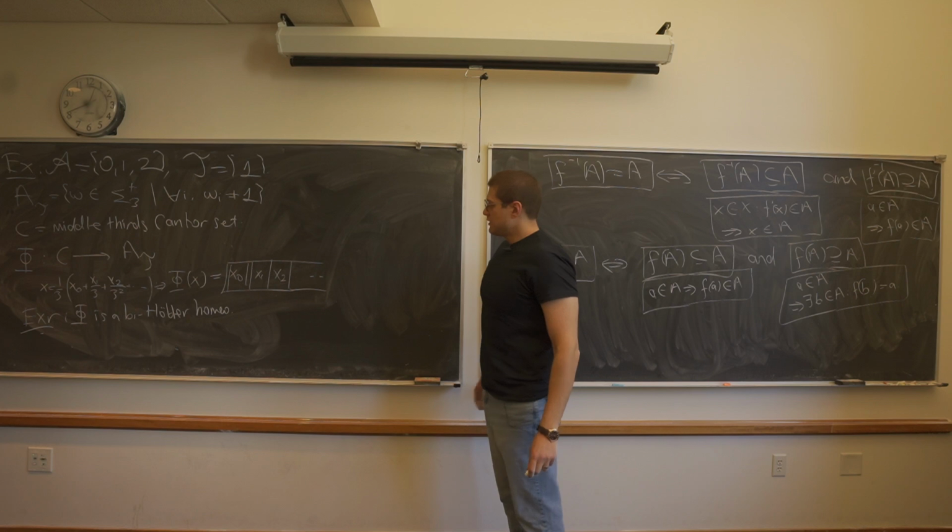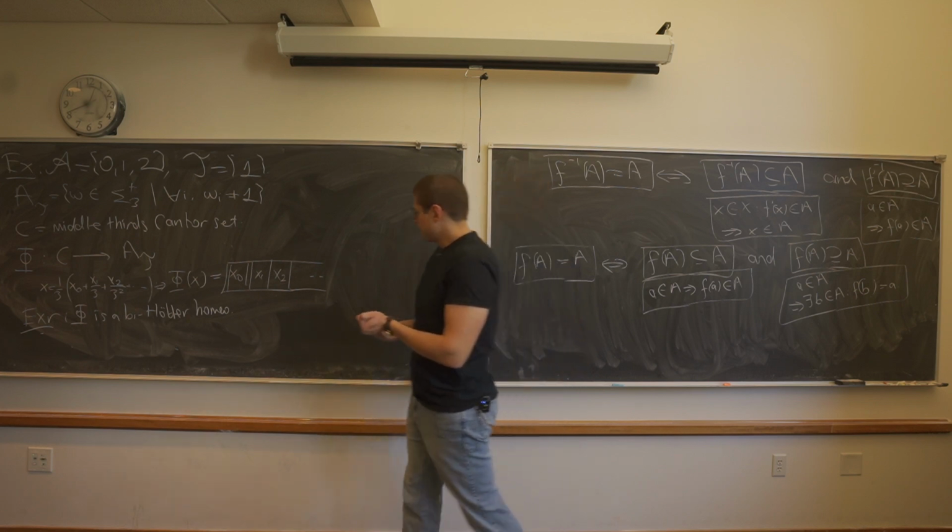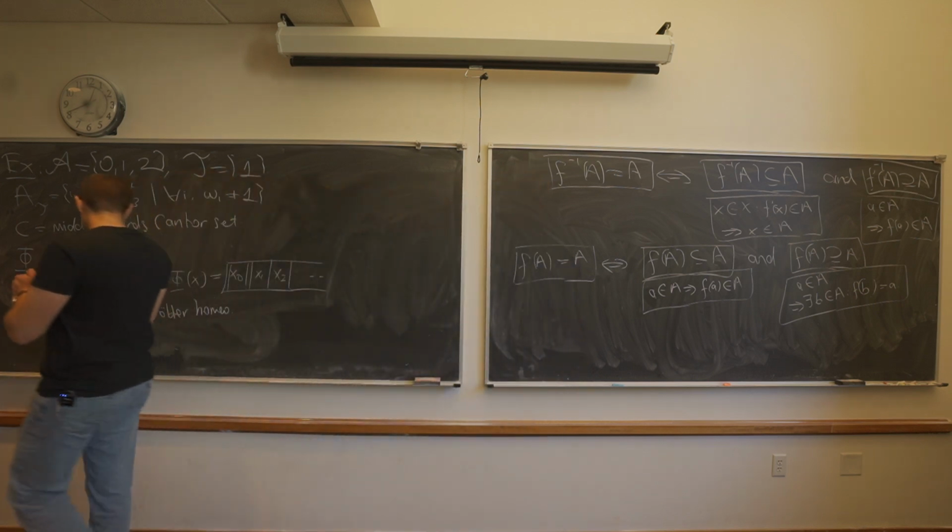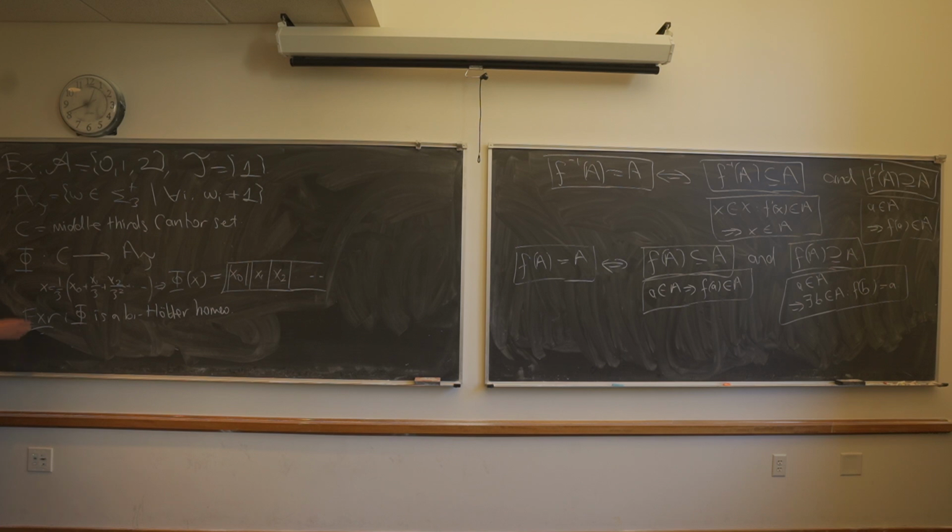Okay, what we were discussing was this. We don't really have a natural or obvious dynamical system on the Cantor set, but we have an obvious dynamical system on the shift space, which is the shift.